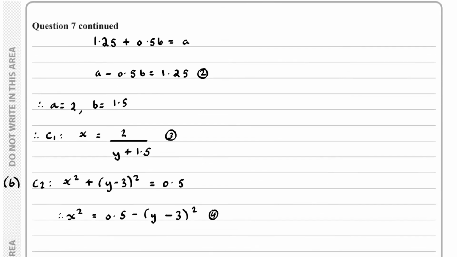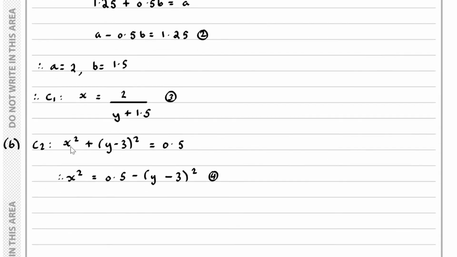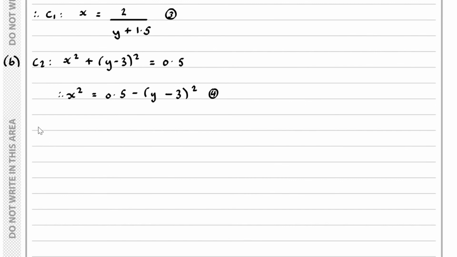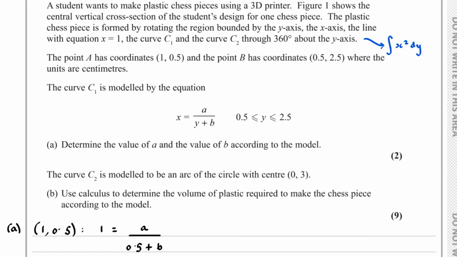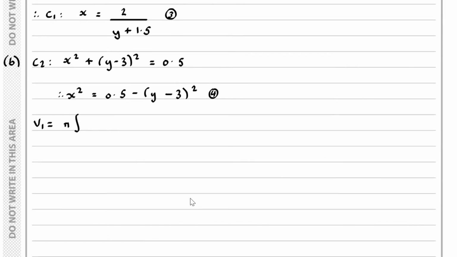So if we use that information, we've got V1, which is equal to pi, lots of the integral from 0.5 to 2.5 of x squared. Sorry, I forgot to add that on.